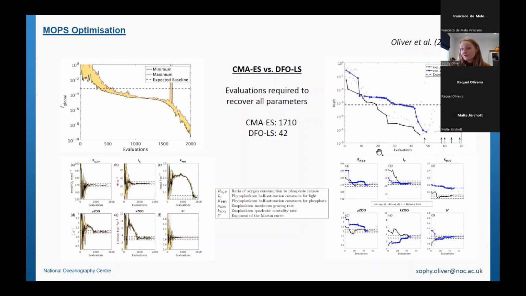So again, the same plots as on the left, but we've got the reduction in misfit over a lot fewer evaluations, and we converge on 6 parameters, but not always this one. So this one didn't do as well, unfortunately, but that's because the model isn't very sensitive to this parameter. So we sort of pushed that under the rug and said that that's not too bad.